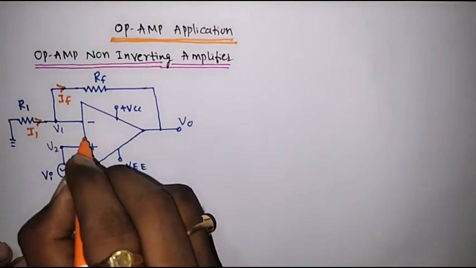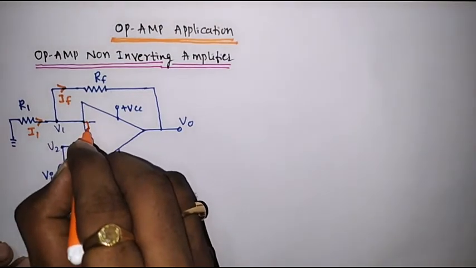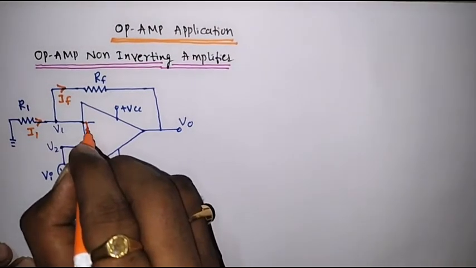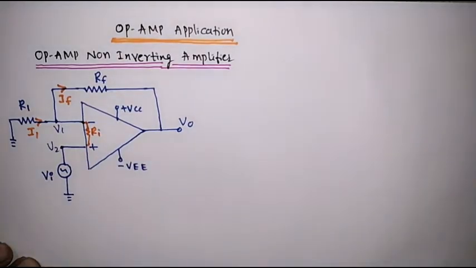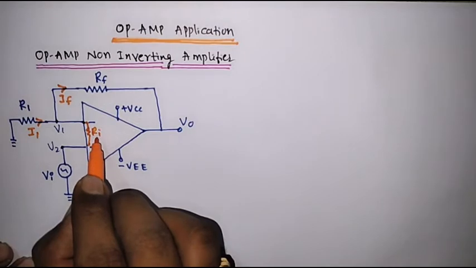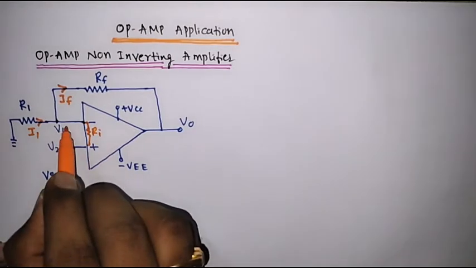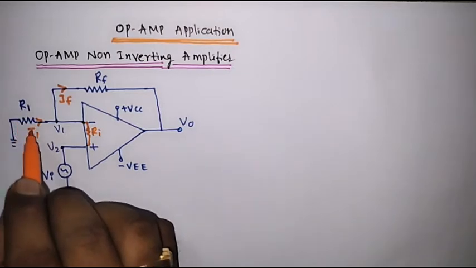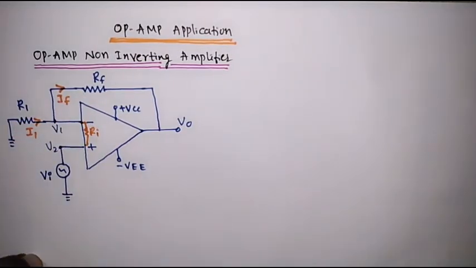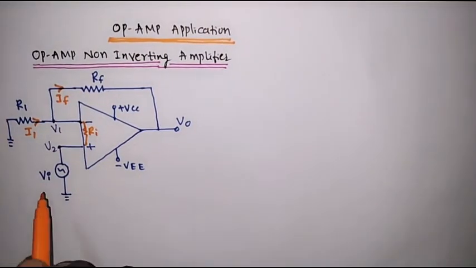We know that in an operational amplifier there is a resistor internally between these two terminals. That resistor is known as the input impedance or Ri, which is infinity. So no current flows at the inverting terminal of op-amp. The current which flows at R1, the same current will flow through IF. And here the input voltage Vi is given to the non-inverting terminal of the op-amp.